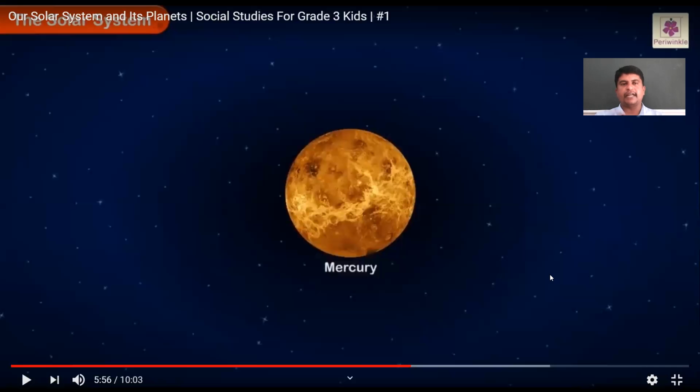In the next chapter, I shall explain each and every planet, like Mercury, the inner planets and outer planets. Up to now, we studied the solar system: the Sun, the Moon, and the Earth.